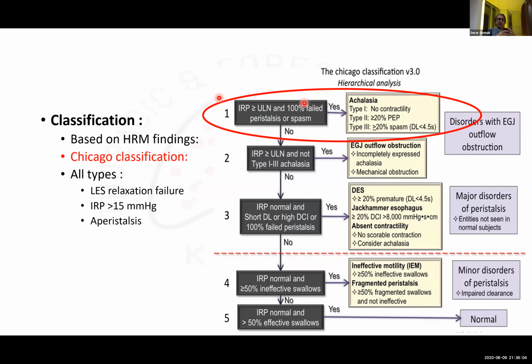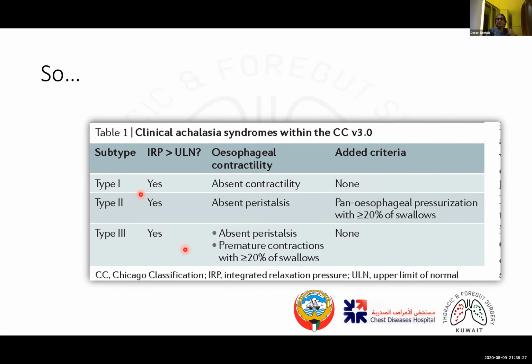After you diagnose achalasia by high resolution manometry, we can classify it. We have three types of achalasia based on the findings. Type 1 has elevated resting pressure of the LES and absent contractility.